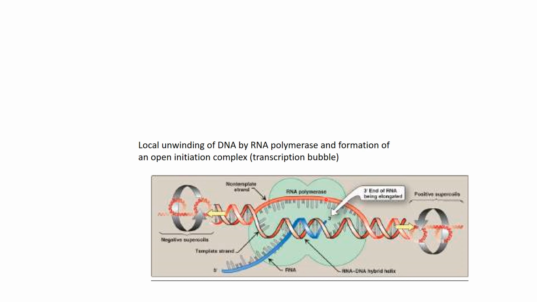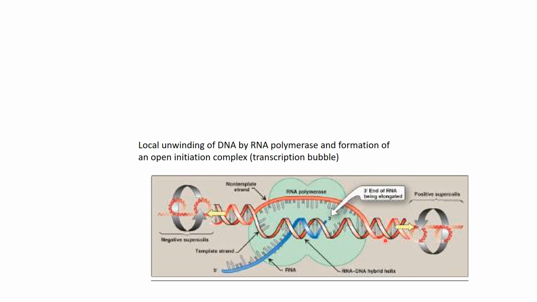This was the open initiation complex, or we can say transcription bubble, which consists of the polymerase, the coding strand, the template strand, and the hybrid. This is the positive supercoiling, which is present in the direction of movement of RNA polymerase, that is, ahead of the transcription bubble. And this is negative supercoiling, which is at the rear end of the transcription bubble. This part is already transcribed. This is yet to be transcribed.